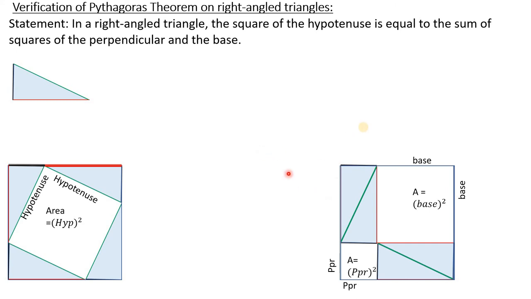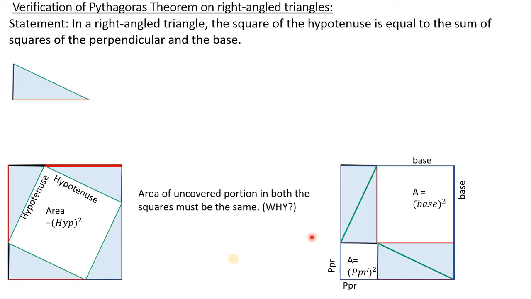And in that we have made one more arrangement with the same 4 right angle triangles. Here also we have got some uncovered portion. So in both these, the uncovered portion area should be equal. The area of the uncovered portion in both the squares must be the same.